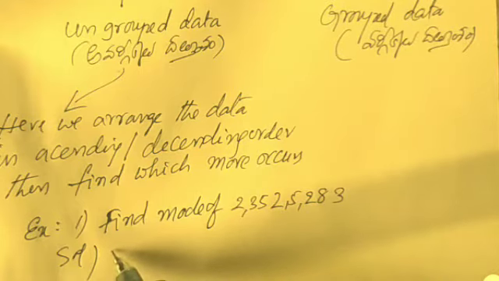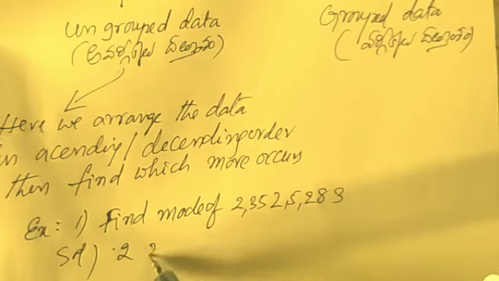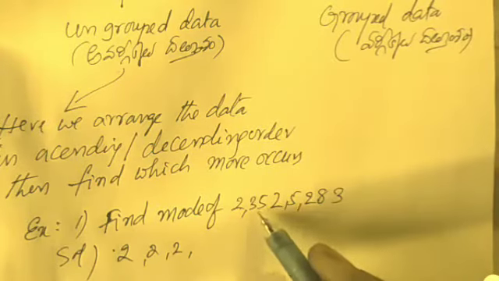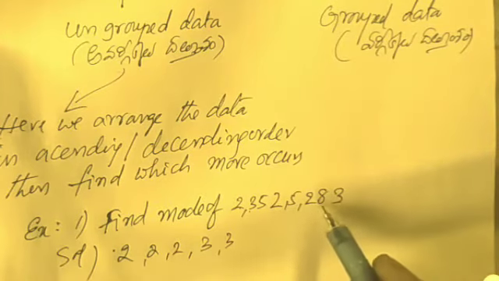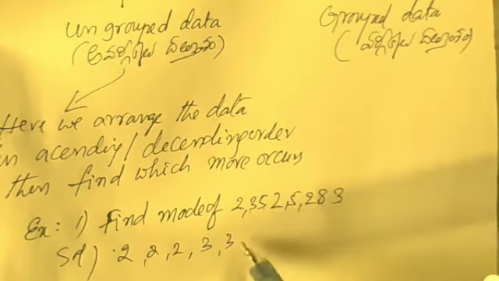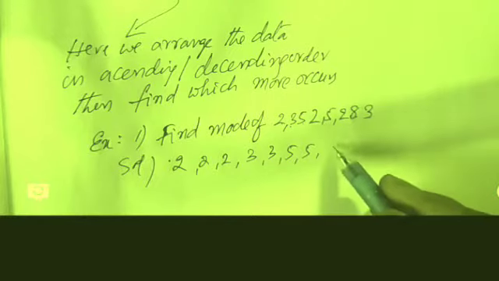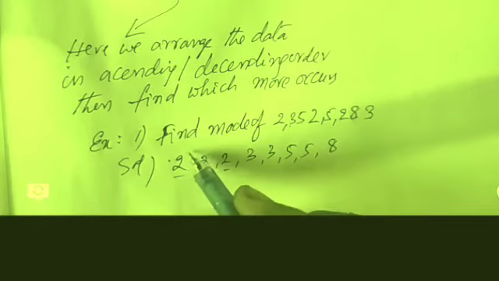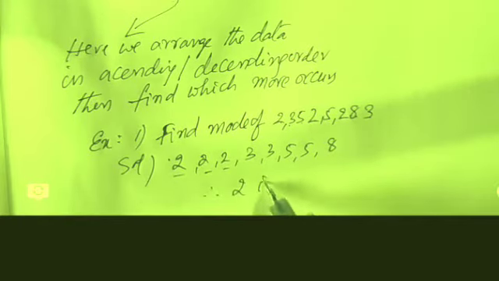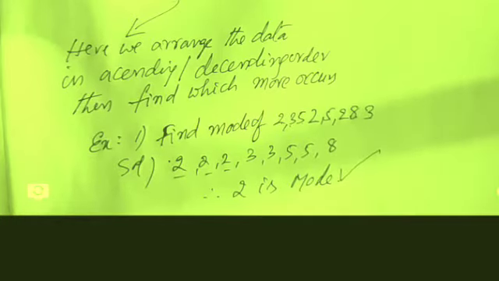Here 2 comes 3 times and 3 comes 2 times, 5 comes 2 times. So 2 is mode.